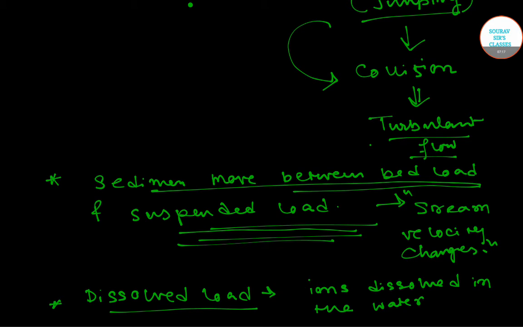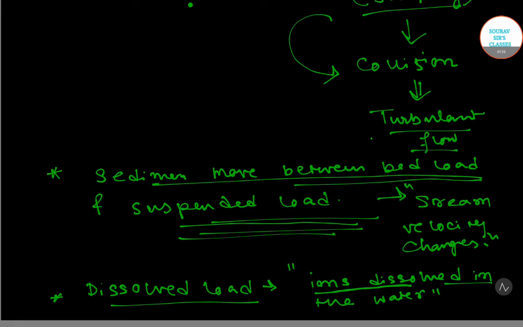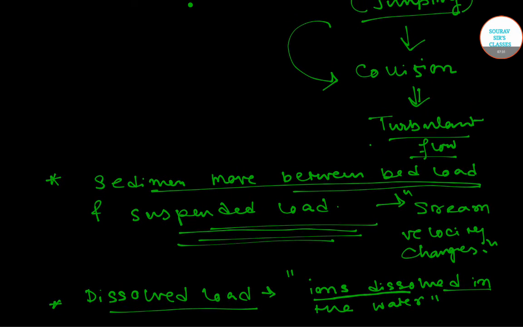I told you in the chemical weathering video that the ions are dissolved in water from minerals. This load is invisible as the ions are dissolved in water, but the dissolved load consists mainly of bicarbonate ion.